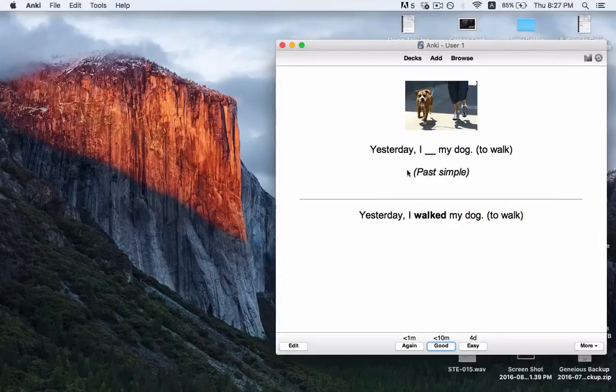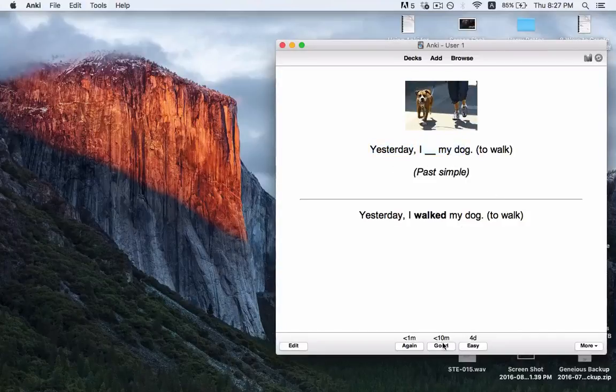So for instance, if you're reading something and the past simple tense hint wasn't there, yesterday, I something my dog with the verb to walk can only really be the conjugation of something in the past tense, whether it was past simple, I walked, or past continuous, I was walking, etc. But including words like yesterday at the start here really goes a long way in the long term with you learning conjugations and associating tenses and times with these sorts of words that may precede or proceed this part of a sentence.